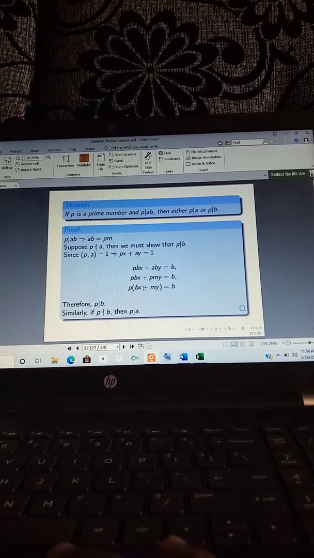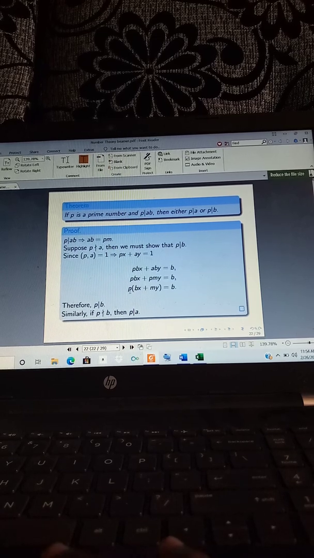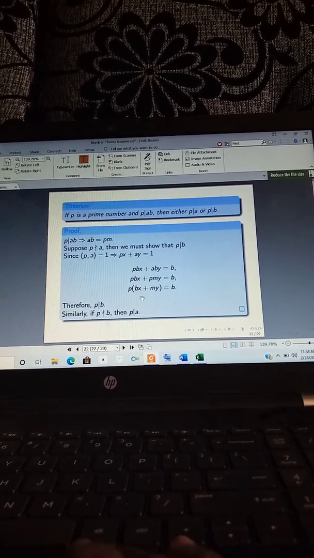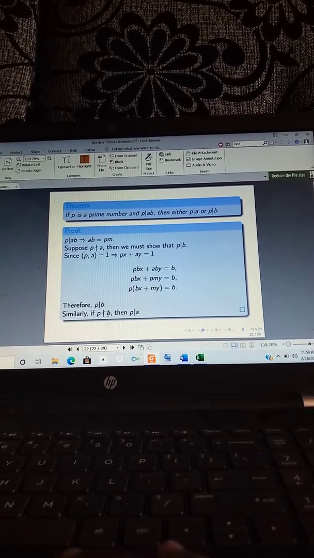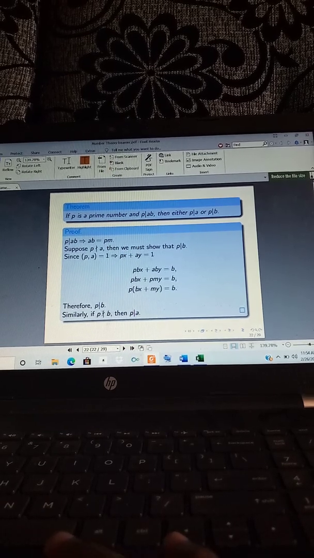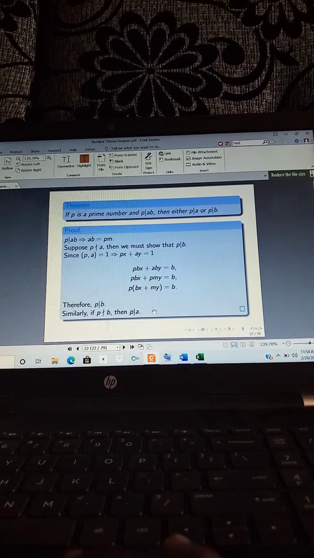So by the definition of divisibility, p divides b. Similarly, we can show that if p does not divide b, then p must divide a.